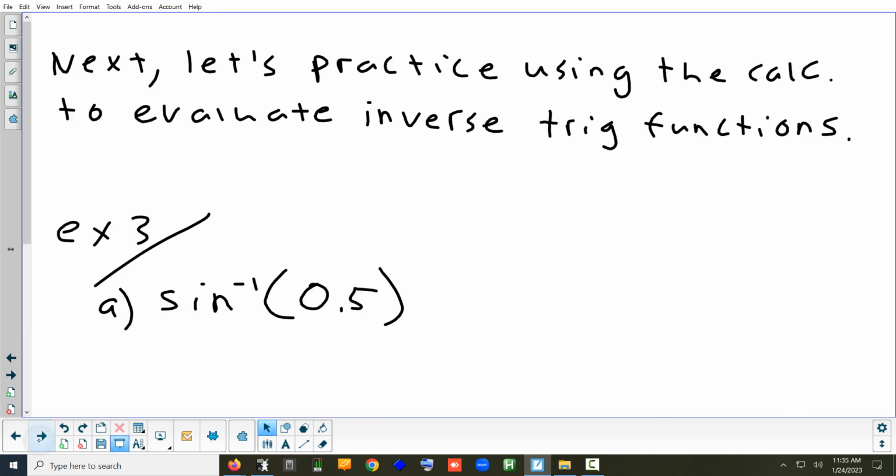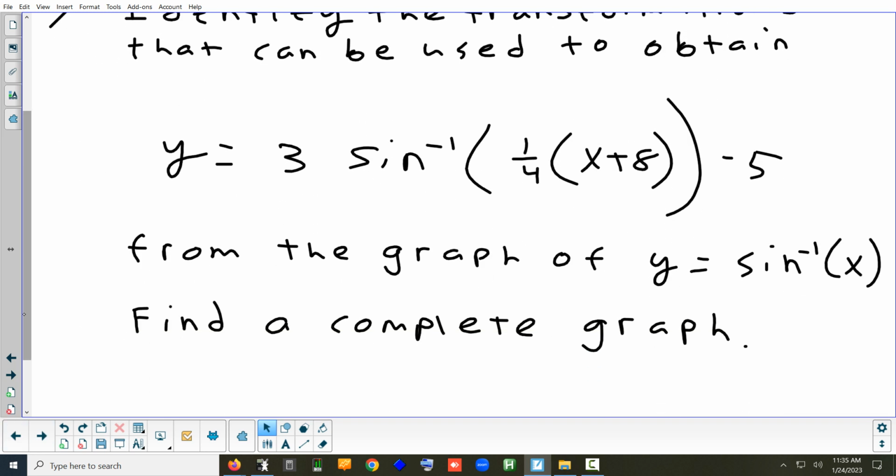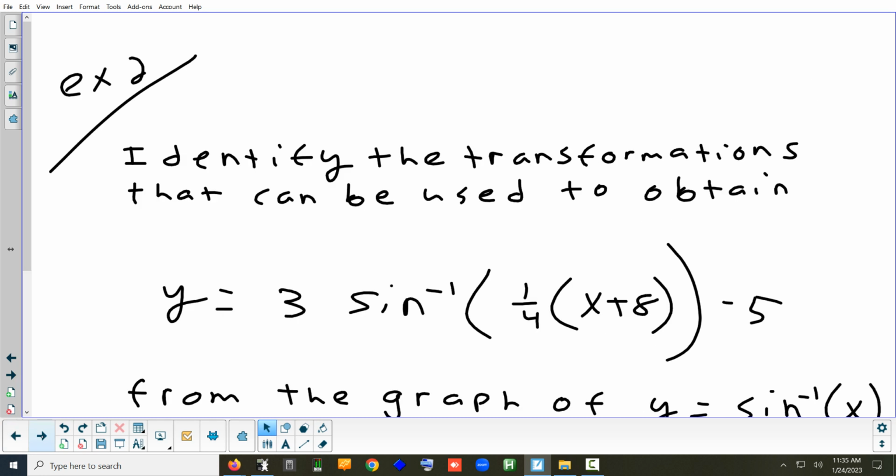Okay, so we're on the last 2 things. Here, I just want you to identify the transformations. But there's something you might want to do first, because this problem is not written quite in that format.